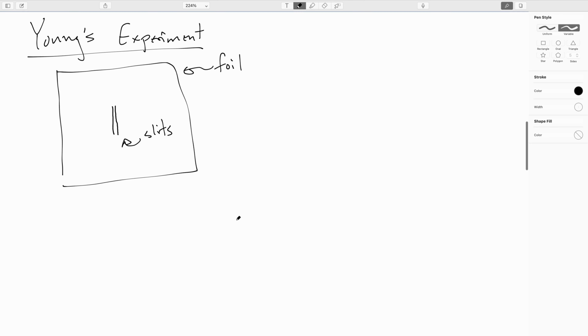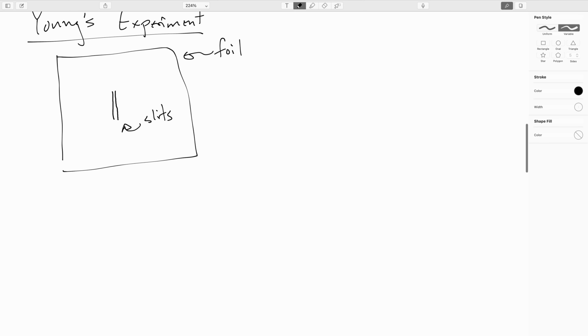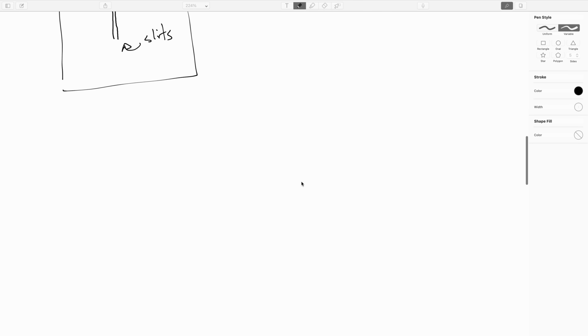So what's going on here? How are you seeing that effect?